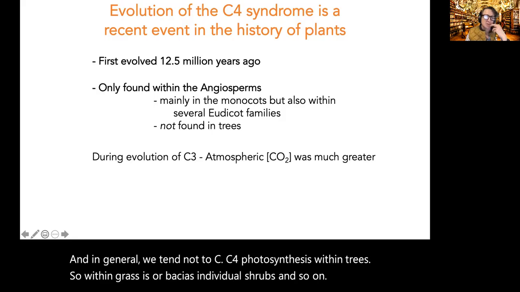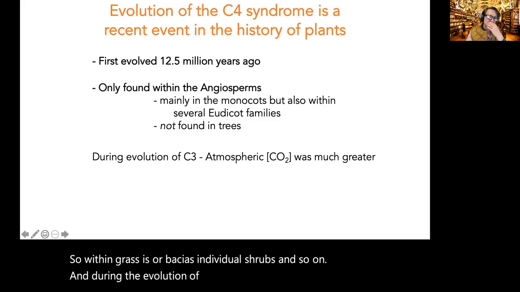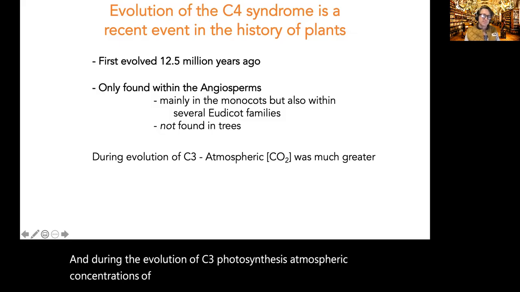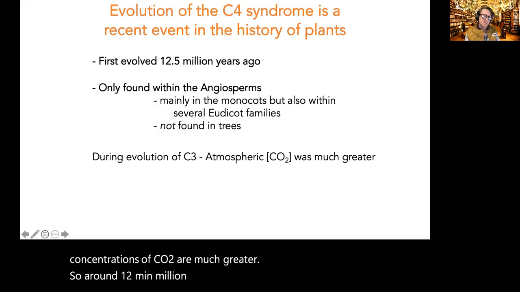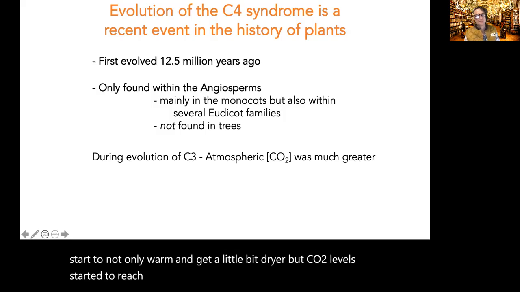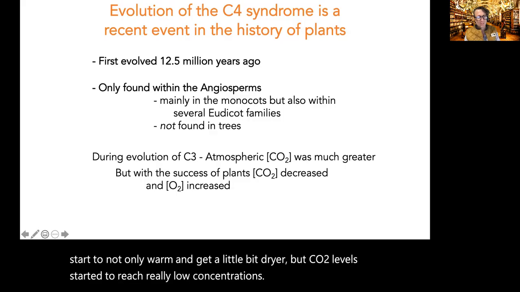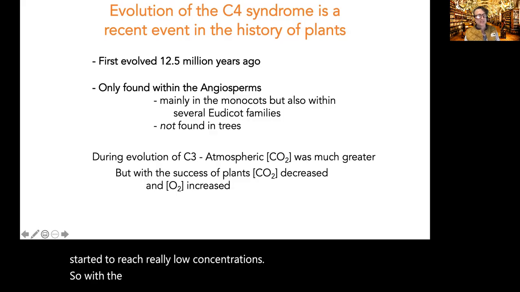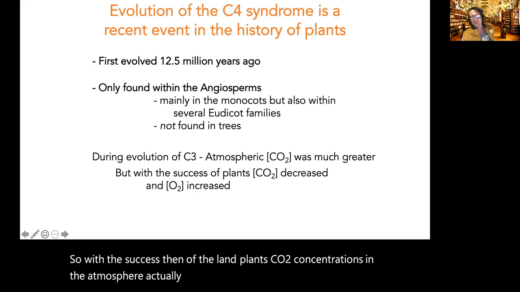And during the evolution of C3 photosynthesis, atmospheric concentrations of CO2 were much greater. So around 12 million years ago, not only did the planet start to warm and get a little bit drier, but CO2 levels started to reach really low concentrations. So with the success of the land plants, CO2 concentrations in the atmosphere actually started to decrease.